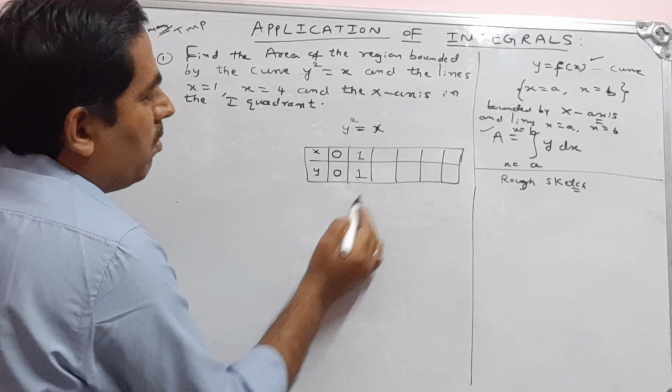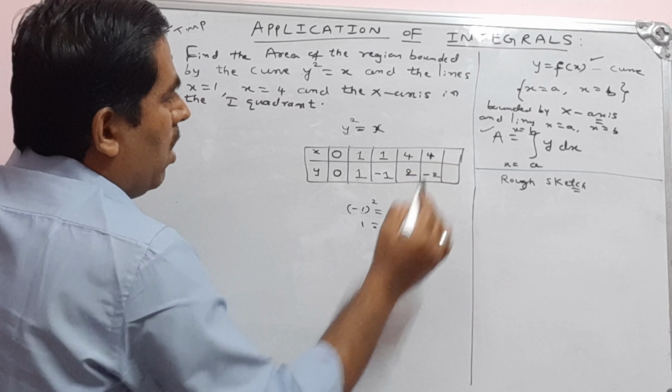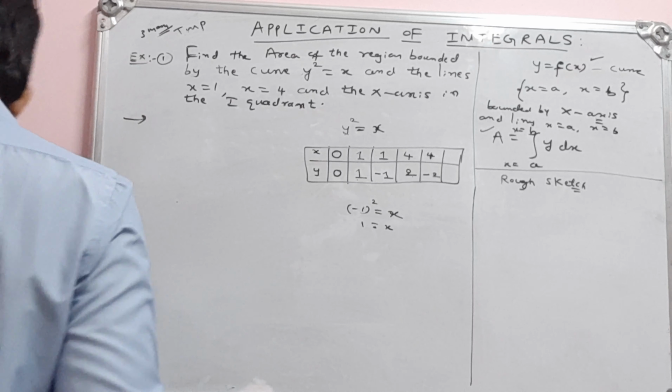If y is 2, then 2 square is 4. If I give a negative value for y, minus 2, then minus 2 whole square will also be 4 only. So I am giving the values for y, and I got the values for x for this curve.